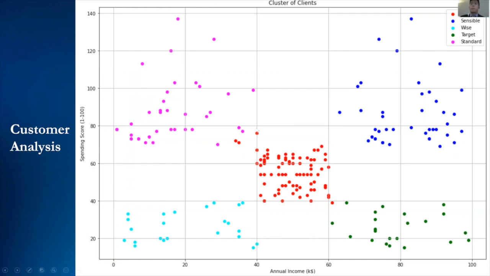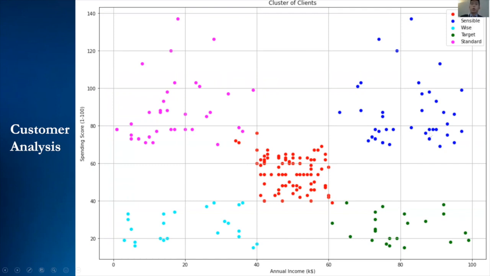And the red one in the middle indicates that they have an average annual income and average spending score. This is not our prime target, but we still don't want to lose them. There is still potential growth in the future for our business.